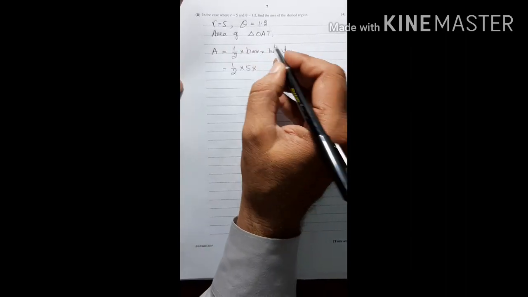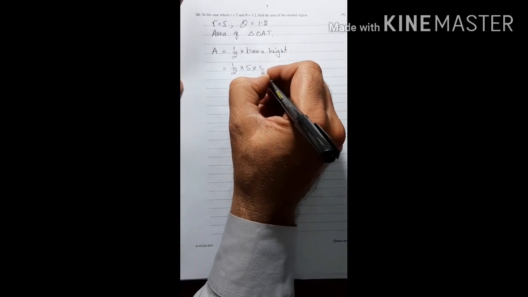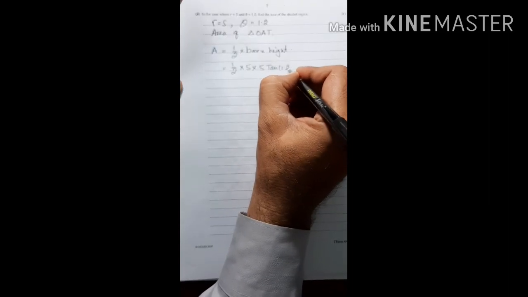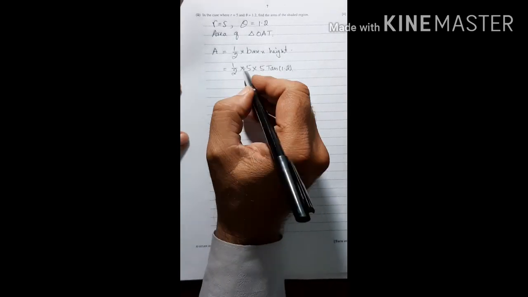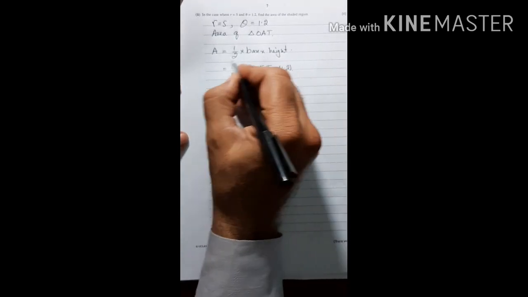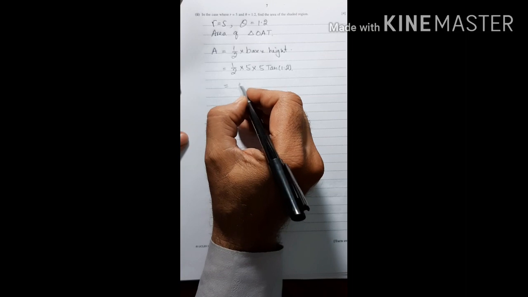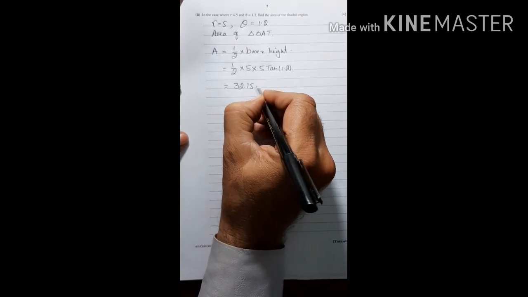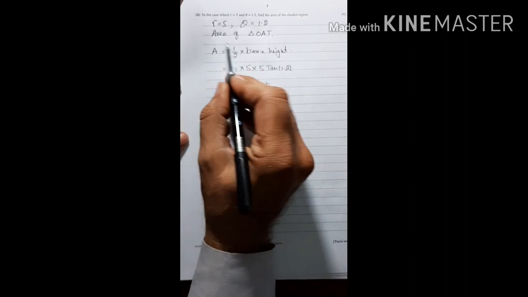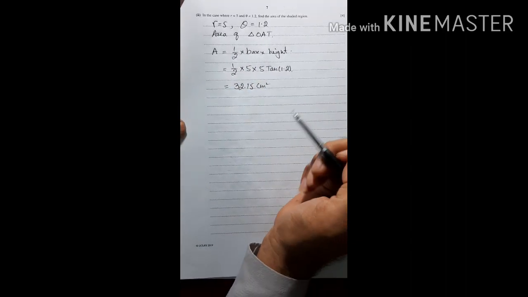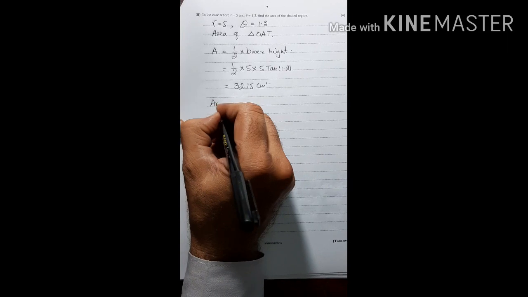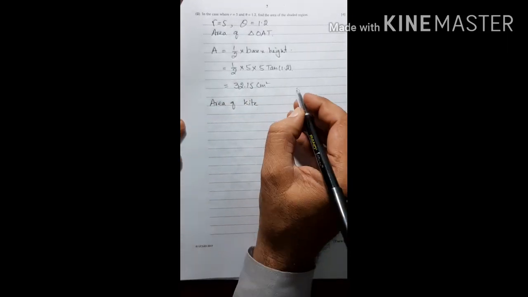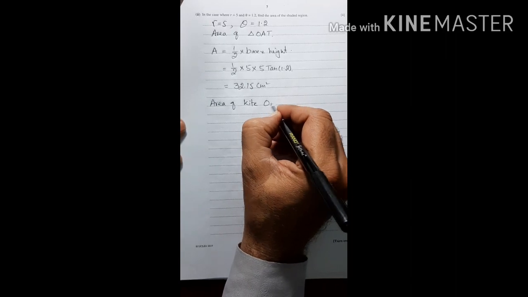If you see the previous part, you will come to know. So R is 5, theta is 1.2 radians. After solving this by calculator, we'll get 32.15 centimeter square. This is the area of a triangle. So for the area of the kite, I need to multiply it by 2. The kite's name is OATB.